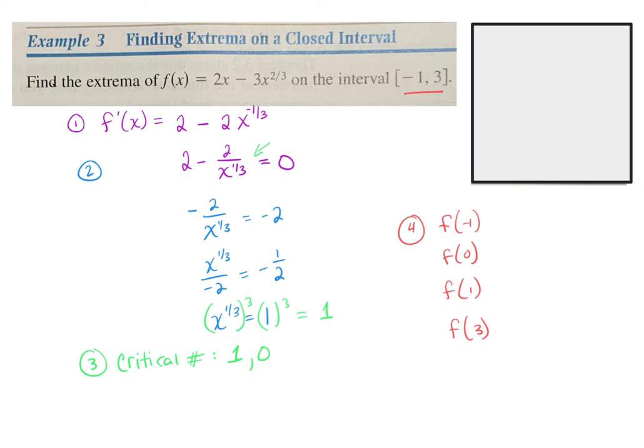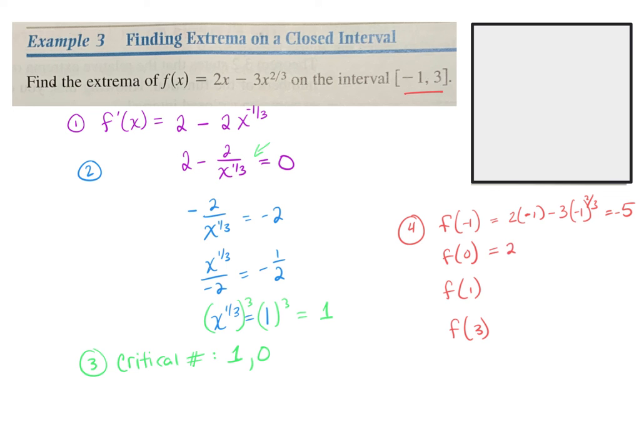All of these work out except for 3. 3 is hideous, right? If I plug in a negative 1, I get 2 times negative 1 minus 3 times negative 1 to the 2/3. The cube root of negative 1 is negative 1. Then negative 1 squared is positive 1. So this ends up being negative 2 minus 3, so this ends up being negative 5.